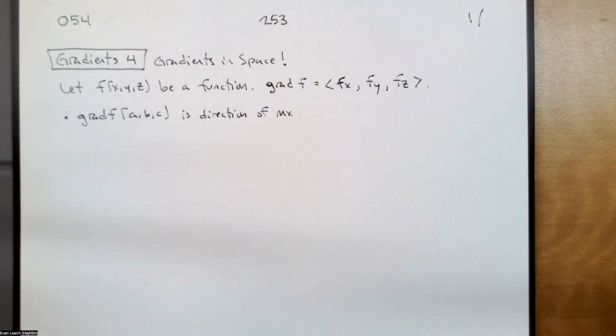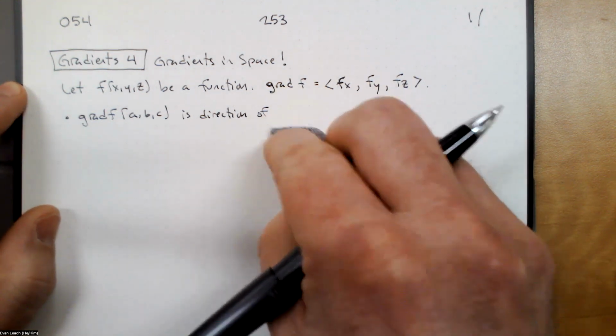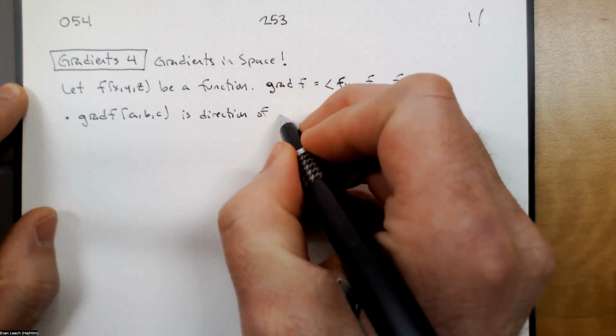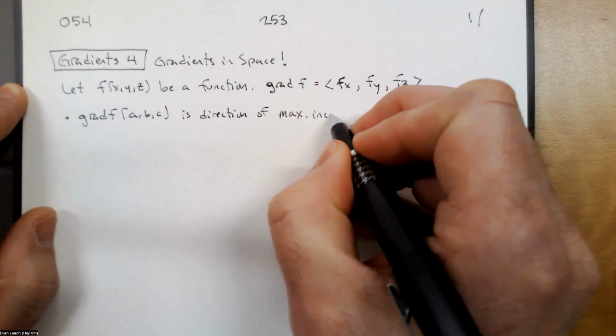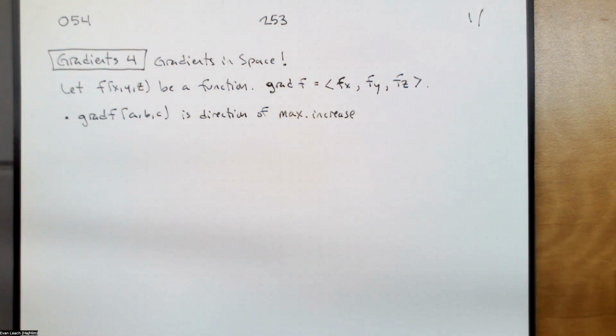I just spelled the letter A wrong. A lot of you are like, oh, dude, you cannot spell A with an X. That will ruin my GPA. So the gradient is going to point in the direction of the maximum increase in f.